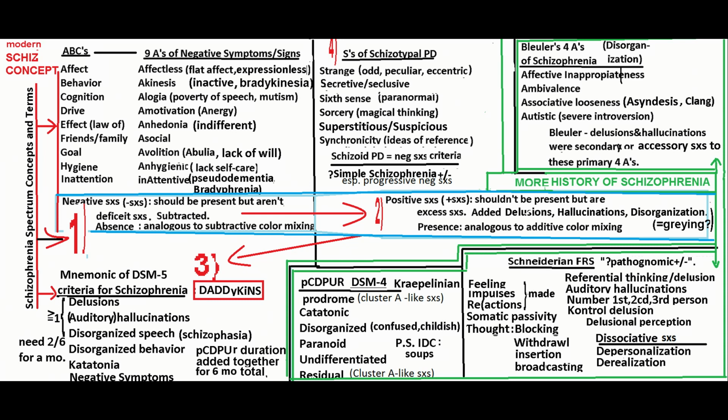The modern view is that you go to number 1 there in the middle of the page: negative symptoms. Like I said, the things that should be present that aren't. If you look up at the top, basically, patients have no emotional expression. They are inactive. They may not have much speech; they may even be mute. And they don't have any motivation.